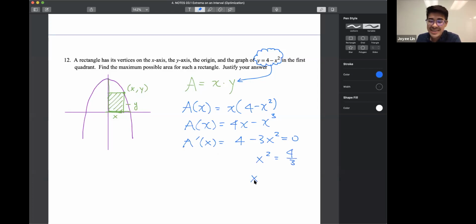And then x is equal to plus or minus the square root of 4, which is 2, over the square root of 3, which is root 3. Right, we get two values. However, we can toss out the negative one because we're only in the first quadrant. Negative, go away.